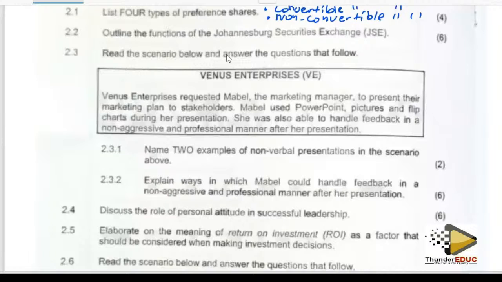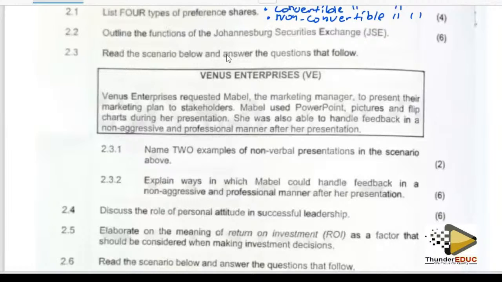Okay, right. So now let's check the Johannesburg Exchange. When we talk of the Johannesburg Exchange, we talk of the platform. This is a platform that brings together those who want to buy shares as well as those who are selling shares. And they make sure that they regulate that platform.